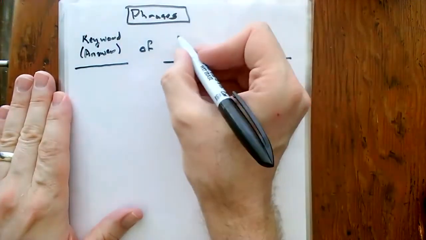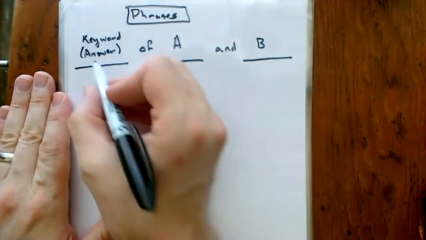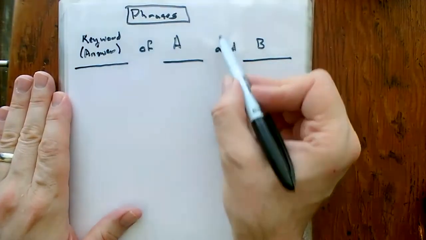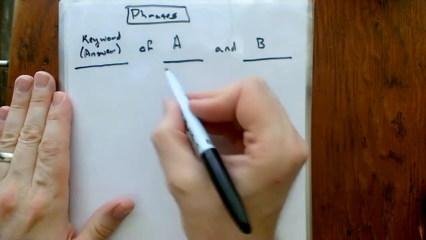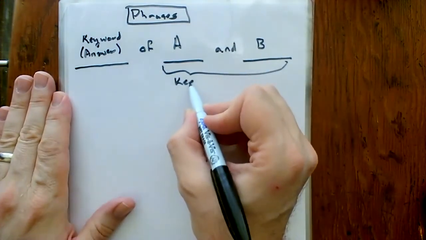I'm going to call this object A and object B. And literally that keyword is going to go in between these 2 things. So it's important to note that you're going to keep this order.